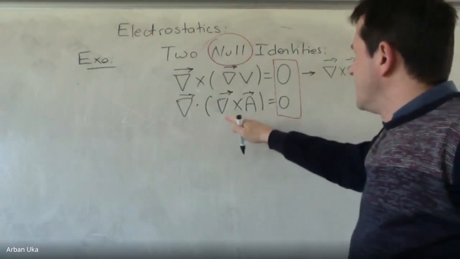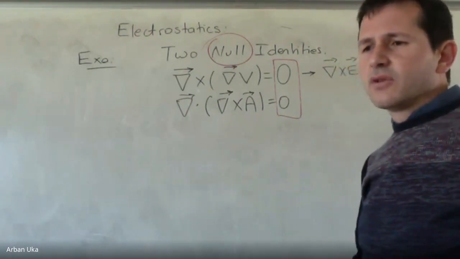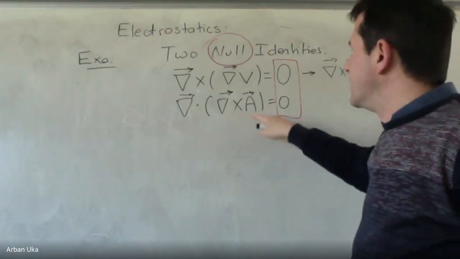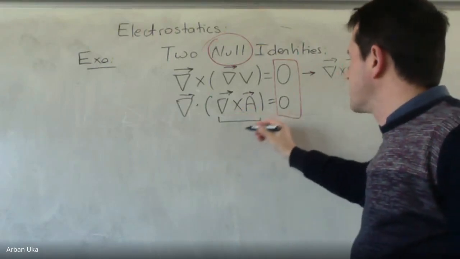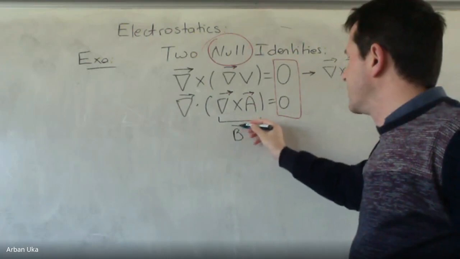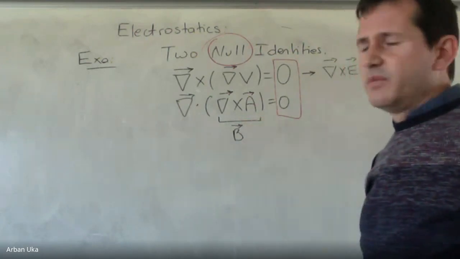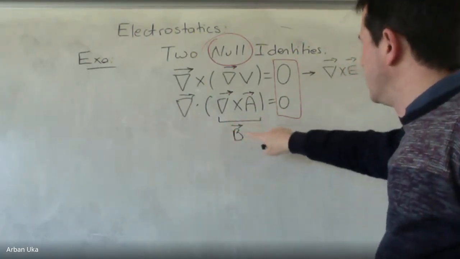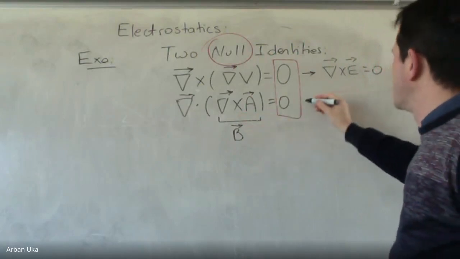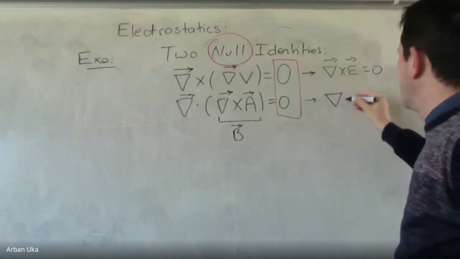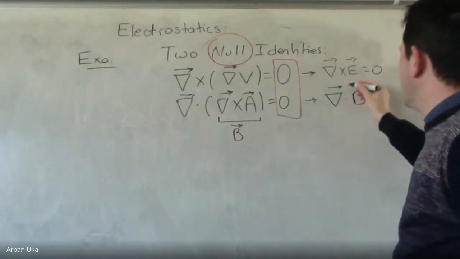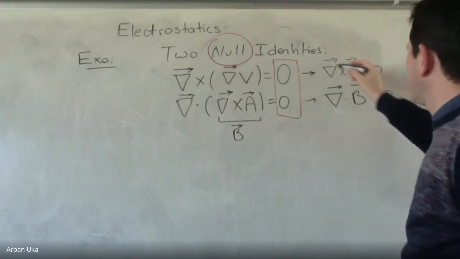we are going to see that there are some vector quantities which can be written in this form. One of them is the magnetic field. This magnetic field B, we're going to see this part later, can be written like this, which means that we can also write that the divergence of the magnetic field is equal to zero.